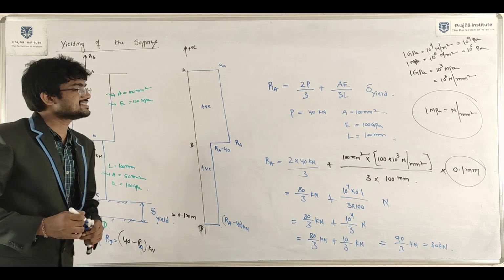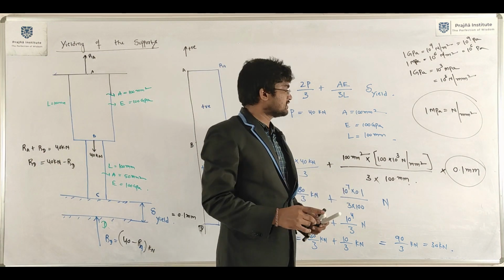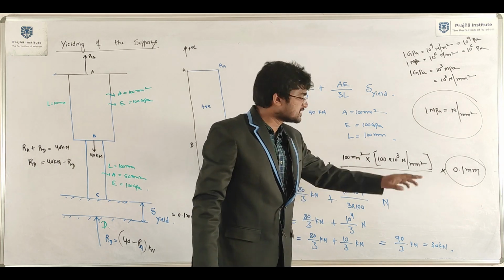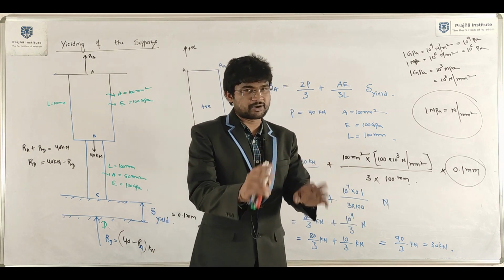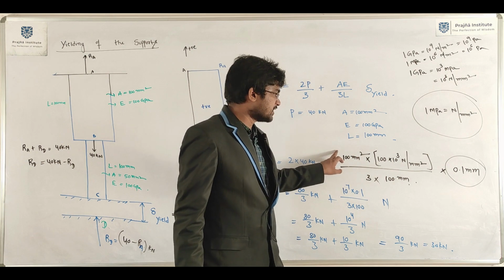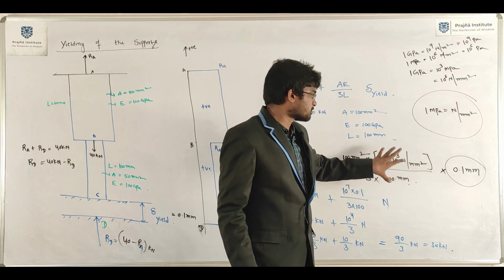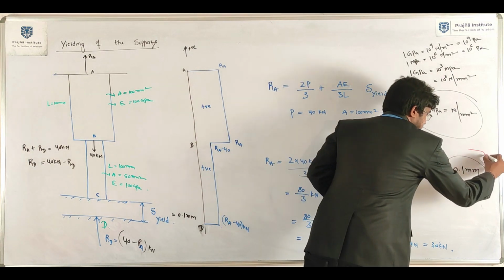Okay? So this is the way to substitute the values along with the dimensions. Then cancel the units in a proper way. So here mm square cancels, finally you will get Newton here. mm cancels. So what is the unit of this particular term?